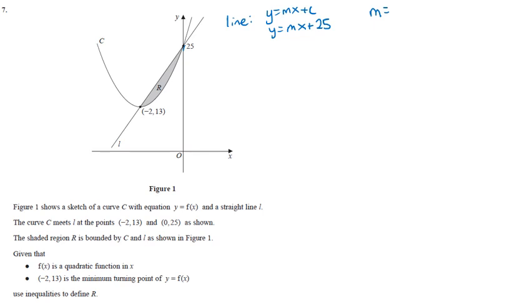So delta y over delta x, so 25 minus 13, okay, so we're taking the 2 points 0 and 25, minus 2 and 13, divided by the x values, so 0 minus 2. So that gives 12 over 2, which is 6. So the equation of the line is y is equal to 6x plus 25.